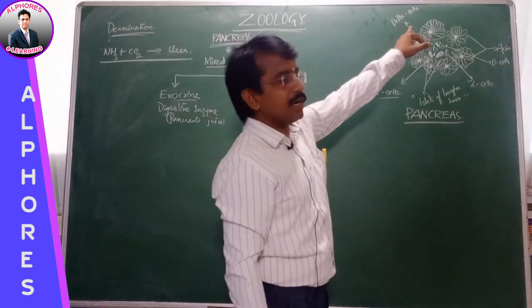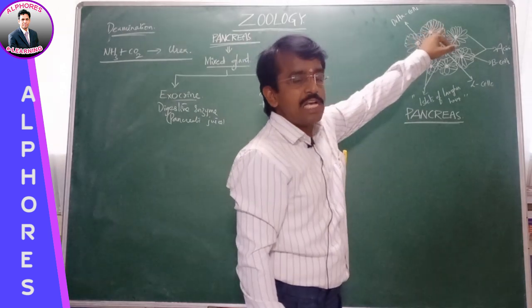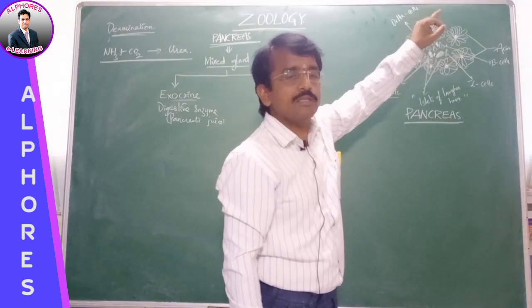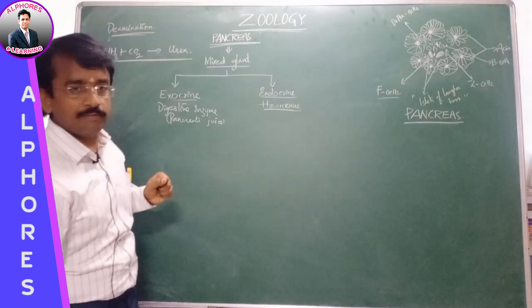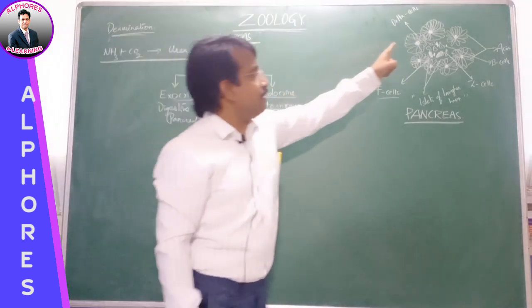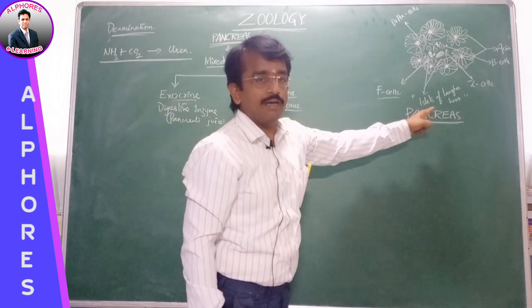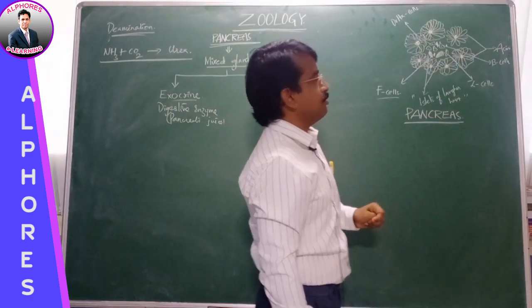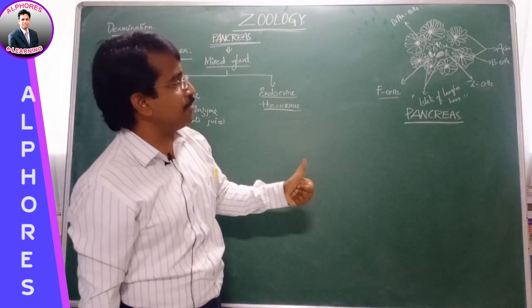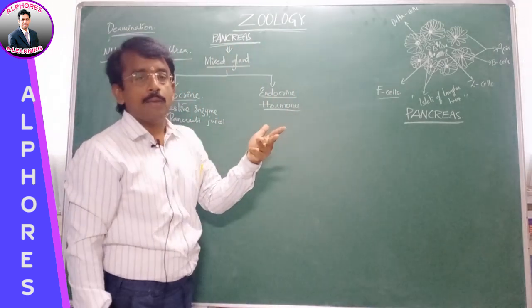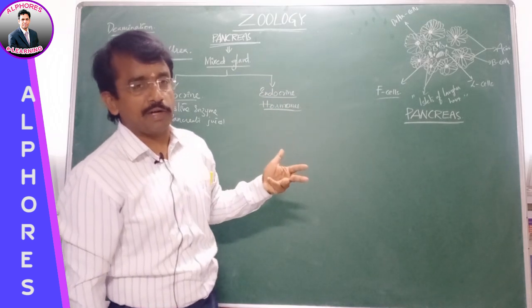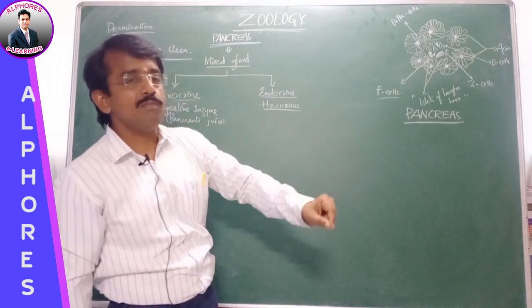The pancreatic juice secreting acini part is the digestive part or exocrine, and the islets of Langerhans have four types of cells: alpha cells, beta cells, delta cells, and F cells or PP cells, pancreatic polypeptide cells, which secrete the hormones.